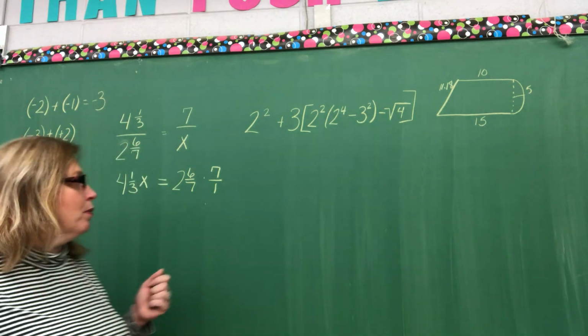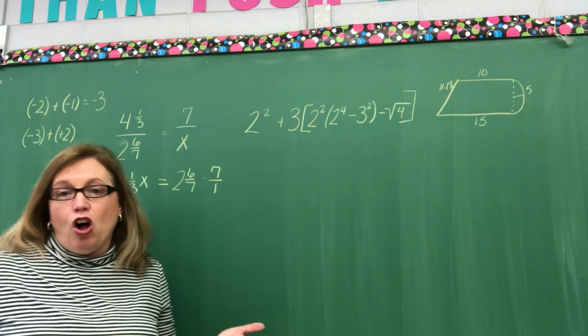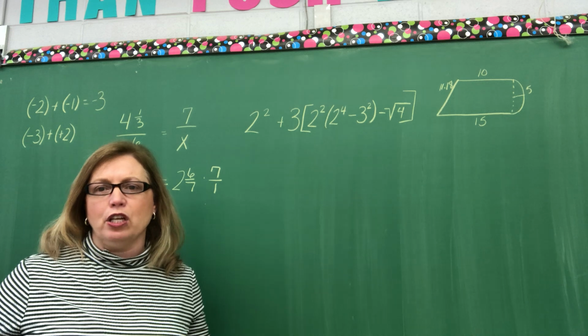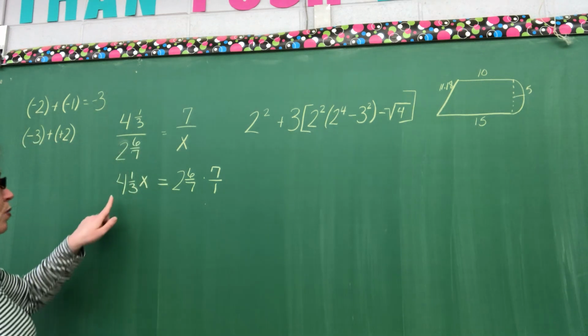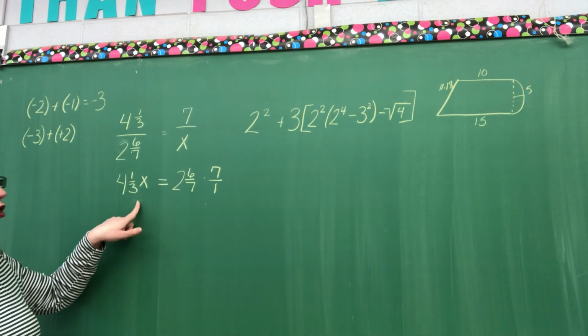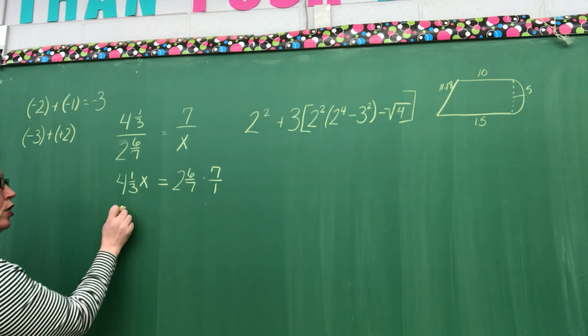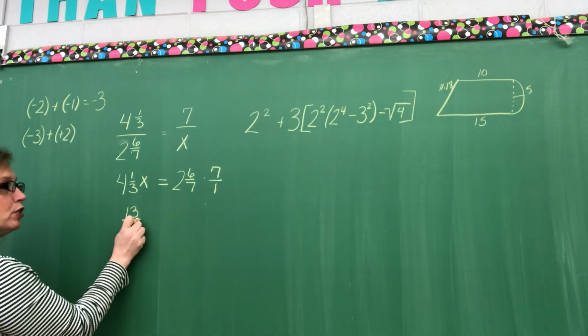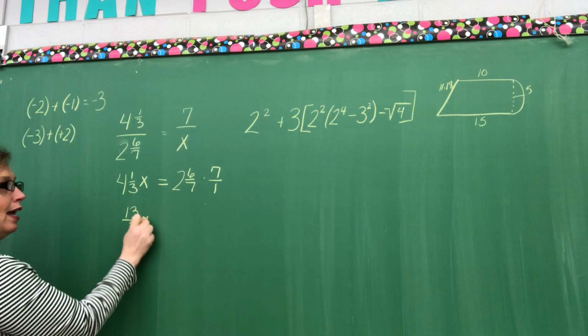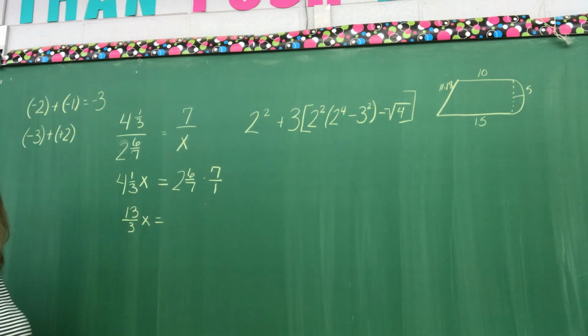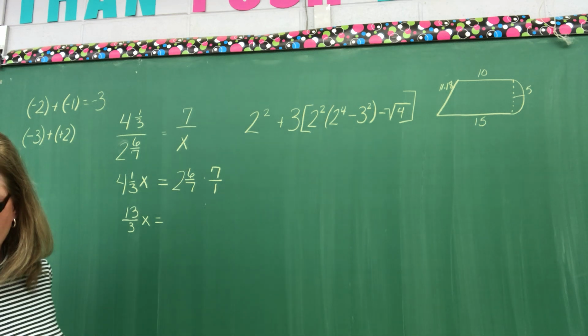Let's go look at this problem. The first thing I want to do is make all of my fractions, my mixed numbers, into improper fractions. So I have 4 times 3 plus 1. So my answer is 13/3 x. Now, I'm going to move to the other side of my problem and do exactly the same thing.